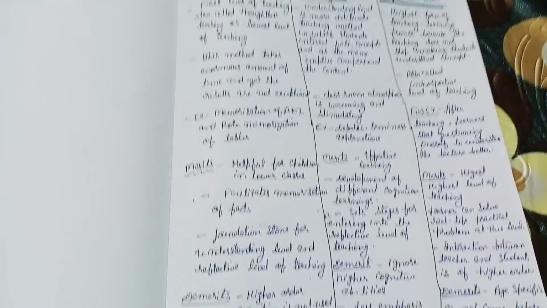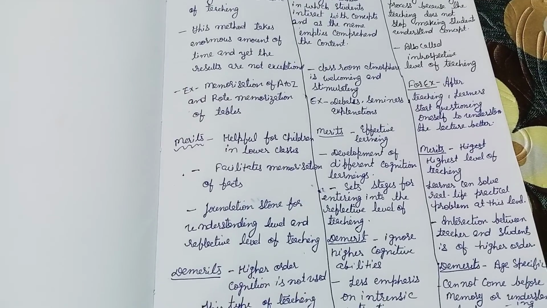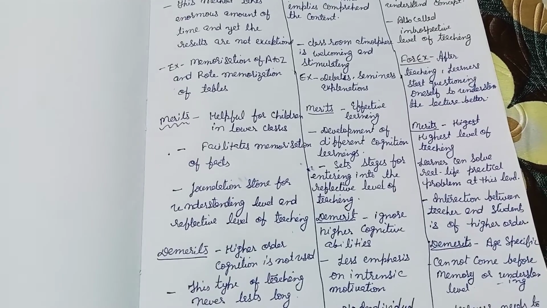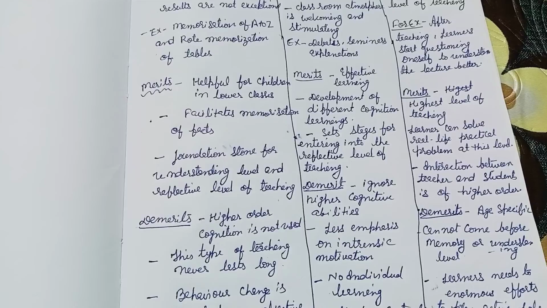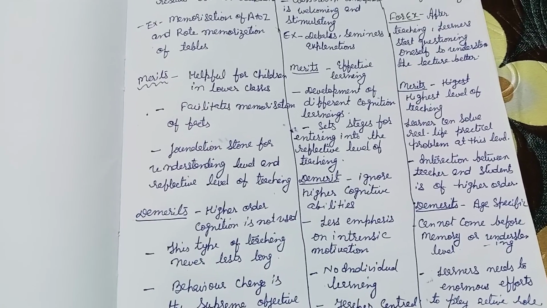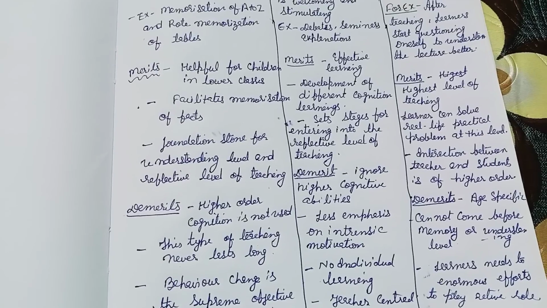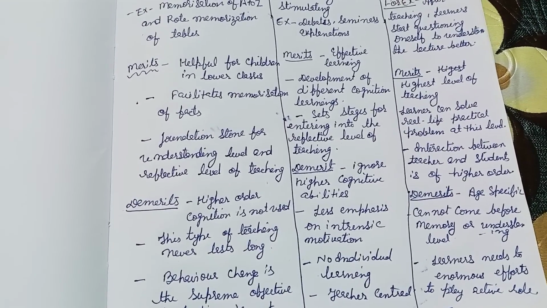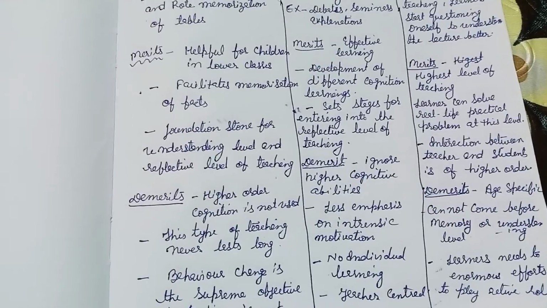To learn anything at reflective level, learners should be more participative and have more knowledge about the topic, and they have to put in more effort. So this needs enormous effort from the learner's side and the teacher's side as well.